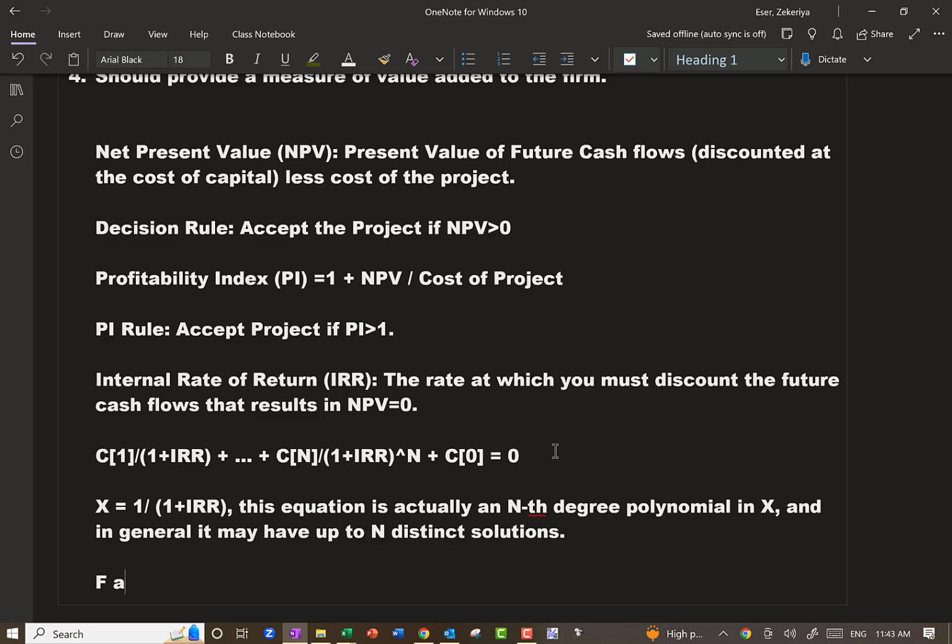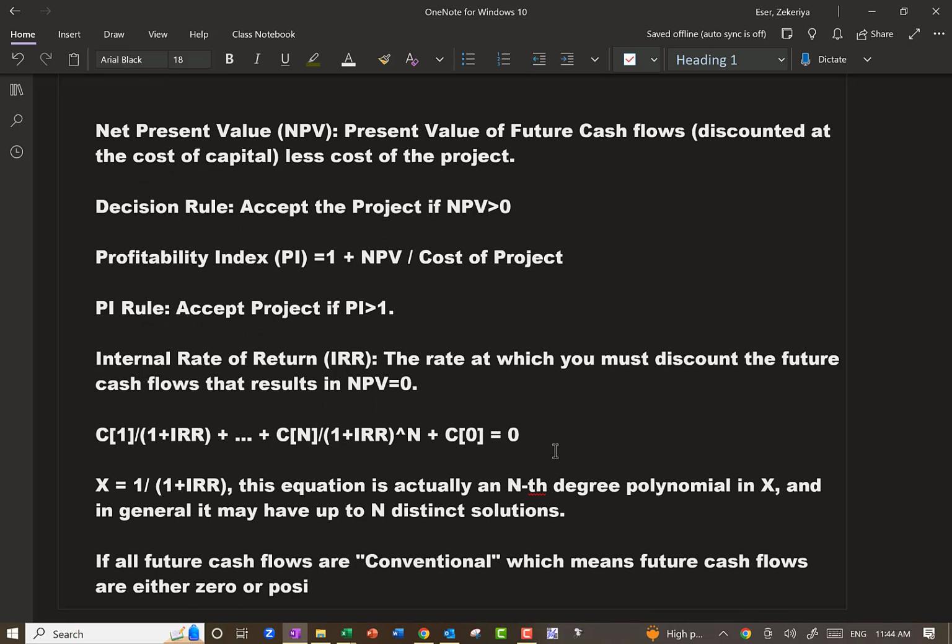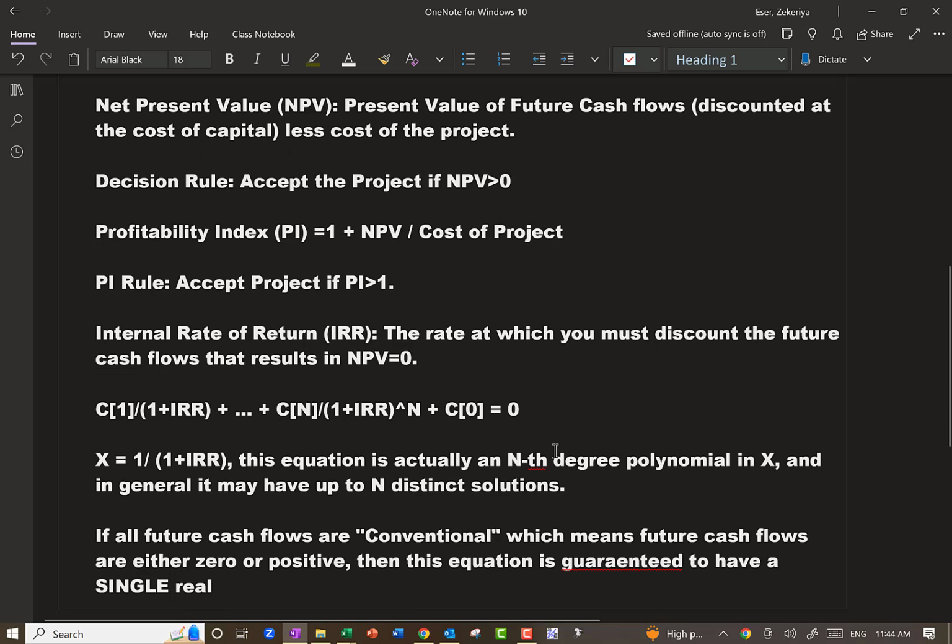But if all future cash flows are what we call conventional, which means future cash flows are either 0 or positive, then this equation is guaranteed to have a single real valued solution.